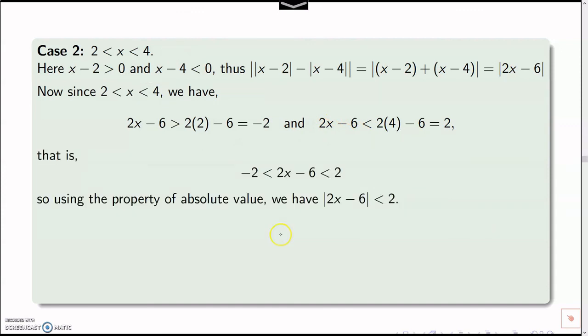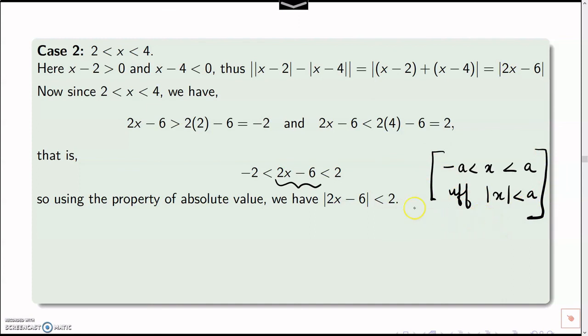Okay, so 2x minus 6 lies between minus 2 and 2. So it is of the form minus a is less than x is less than a. So using the properties of absolute value, the modulus of this number would be strictly less than 2 because I am using this property here: if x lies between minus a and a, then modulus of x will be strictly less than a. This is one of the results that you all have studied in the calculus course.